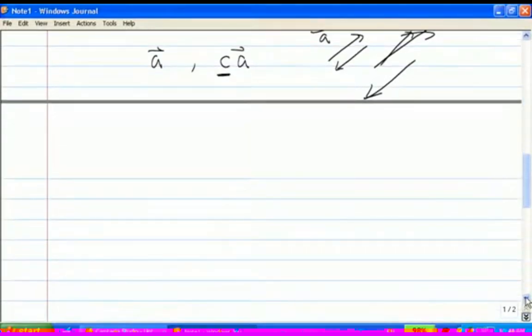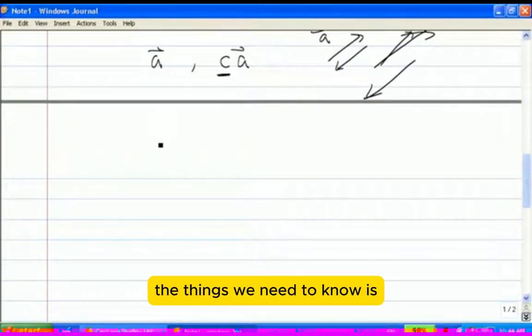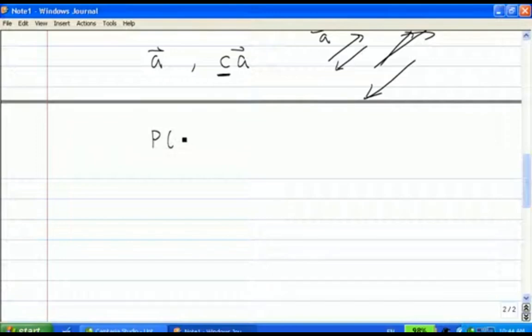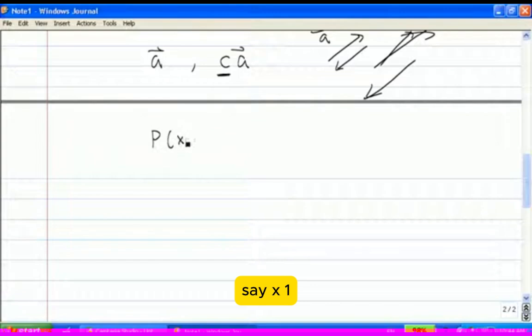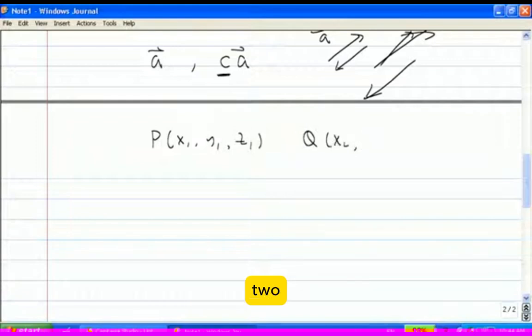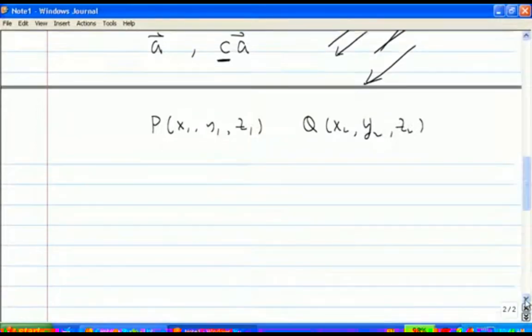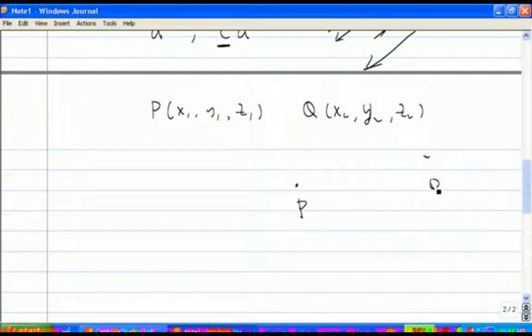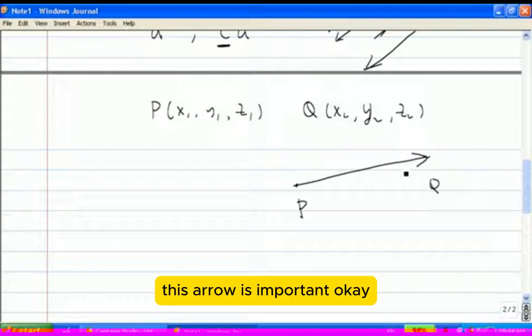Another thing we need to know is how to find a vector from a given point P, say x1, y1, z1, and point Q, which is x2, y2, and z2. I have two points, P and Q. This arrow is important.